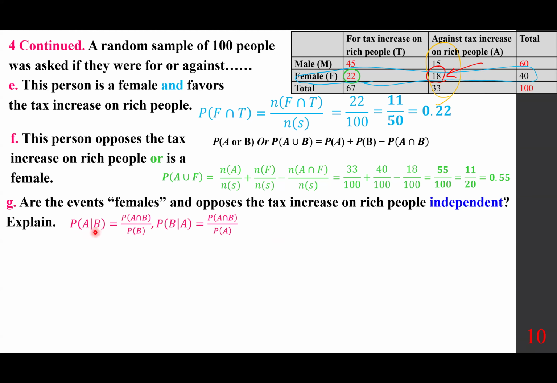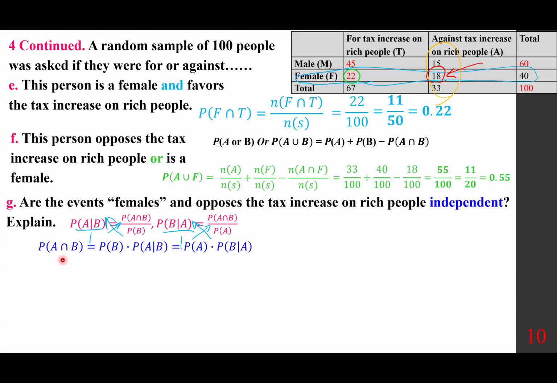Probability of A given B is probability of A intersection B over P of B. And probability of B given A is probability of A intersection B over P of A. And if I do the cross multiplication, I can get probability of A intersection B is probability of B times probability of A given B, or probability of A times probability of B given A. So that's the way you calculate the intersection.